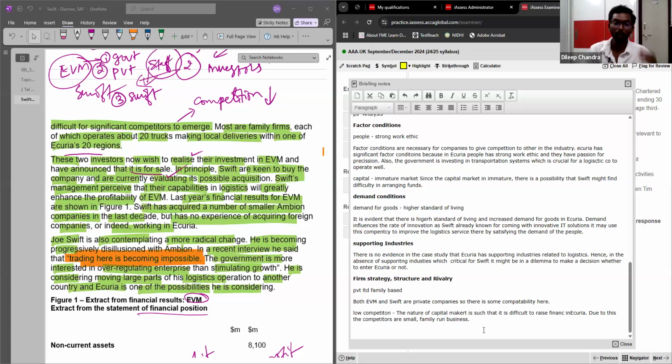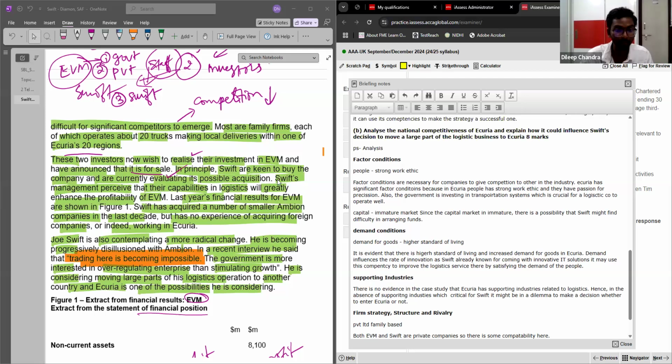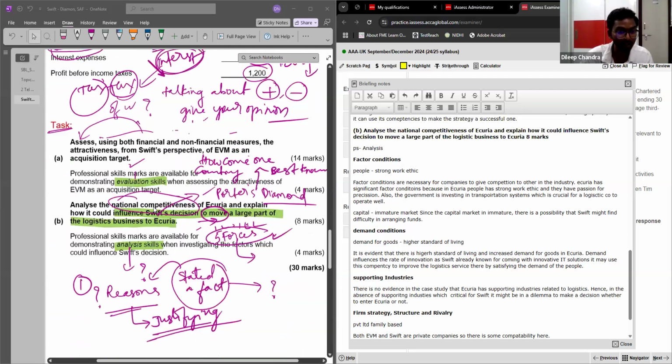Let's give some summary. Factor conditions are favorable, demand conditions are favorable, no supporting industries are there. At the same time, issue with the competition, issue with the capital structure, right? Let me summarize that. I'll say that the above analysis showed favorable conditions exist in factor conditions and demand conditions. Let me see the question: analyze the national competitiveness of Ecuria and explain how it could influence.